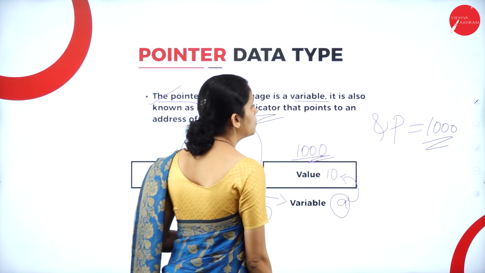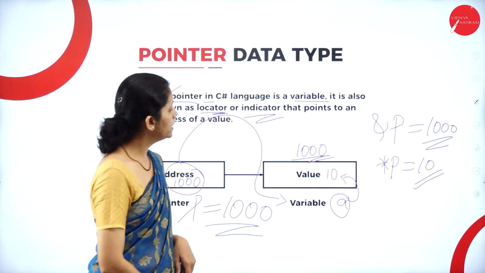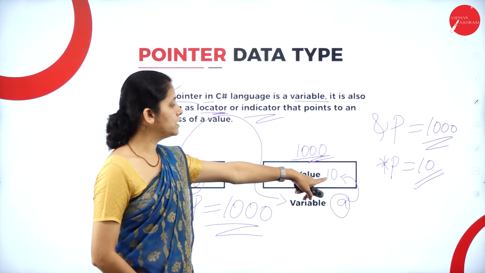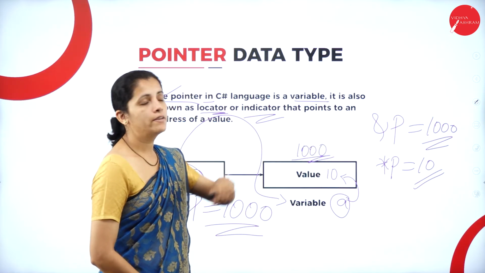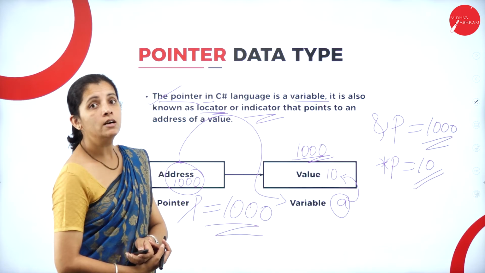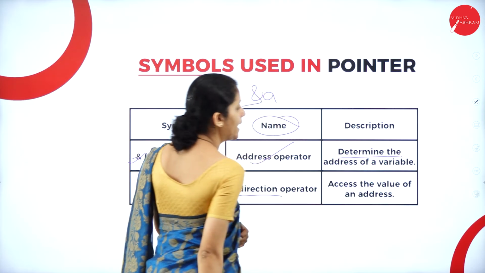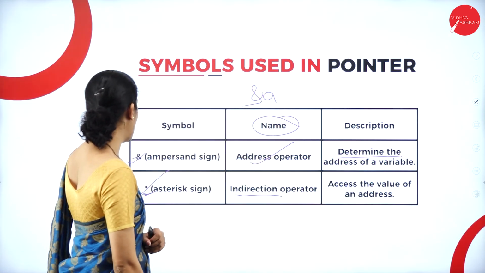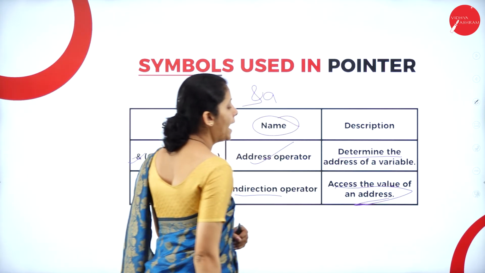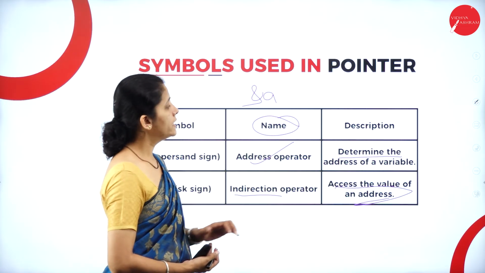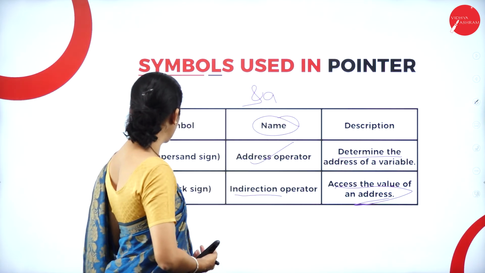Now, if I use star P, then the value is 10. If I use ampersand P, then it is 1000. If I use star P, then it is 10. So, ampersand is used to determine the address of a variable, whereas the asterisk symbol is used to access the value of an address. That means in that particular address, what value is present, to access that, I'm going to use the asterisk symbol.